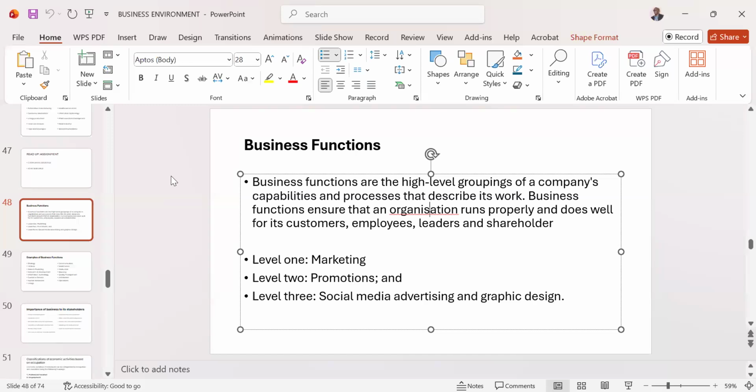So for a business to run very well and function effectively and efficiently, they must have functions. They must know what exactly our activities are. Why are we in business? So if they understand the reason why they are in business, which we've covered, that is for businesses to make profit.